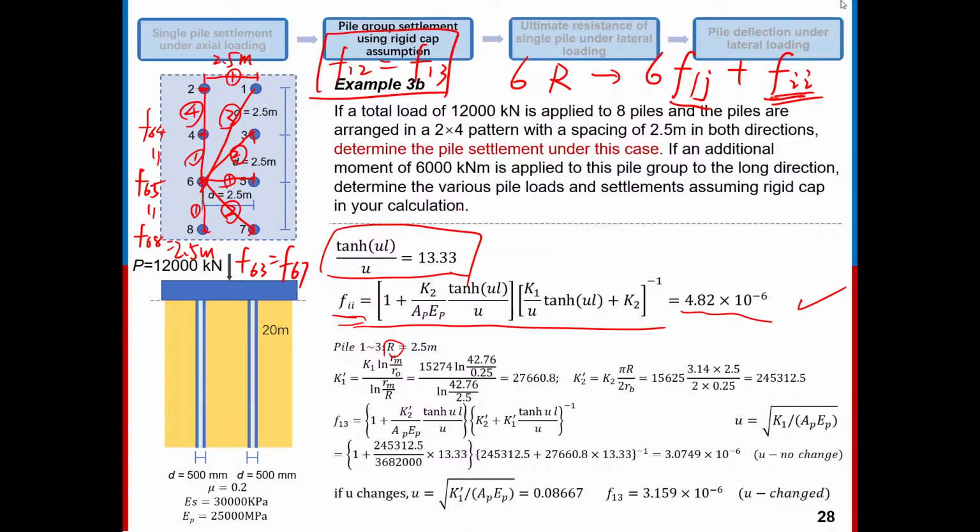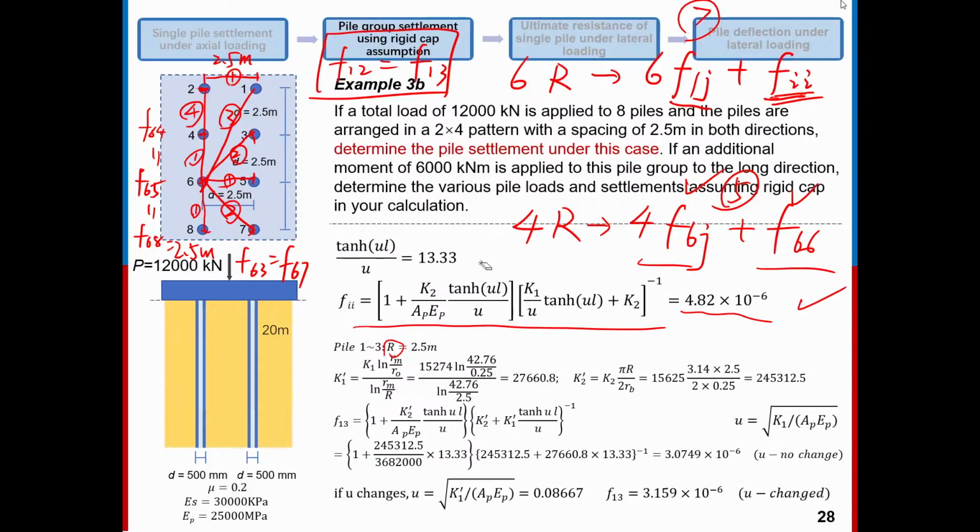So for calculating the settlement of pile 6, it has 4 different distances, so it has 4 different influence factors F6j, plus F66. It has 5, and for pile 1, it has 7. Here we have 5. So these are the different conditions for different piles when determining the influence factor.